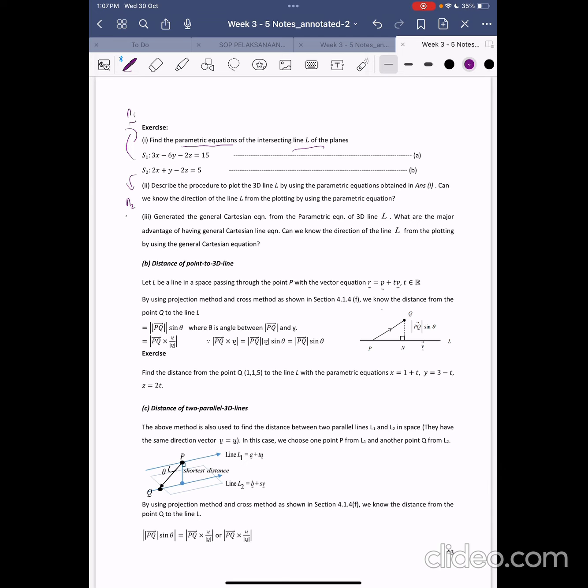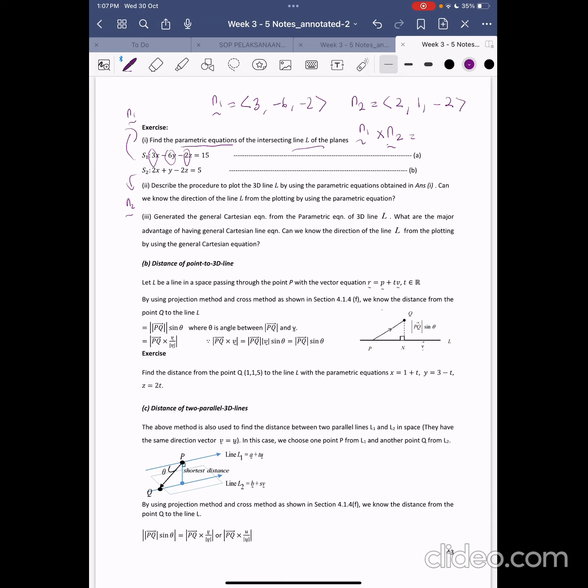So the normal for this plane, n1, is 3i, negative 6j and negative 2k. Where I get this from here. This is the equation of the plane. So for the n1, the normal to that, you just take the components of x, y, and z here. And the vector n2 will be 2, 1, negative 2. Okay. Alright. So you already determined n1 and n2. Now we calculate the direction vector of the line L. So we do cross product n1 cross n2.